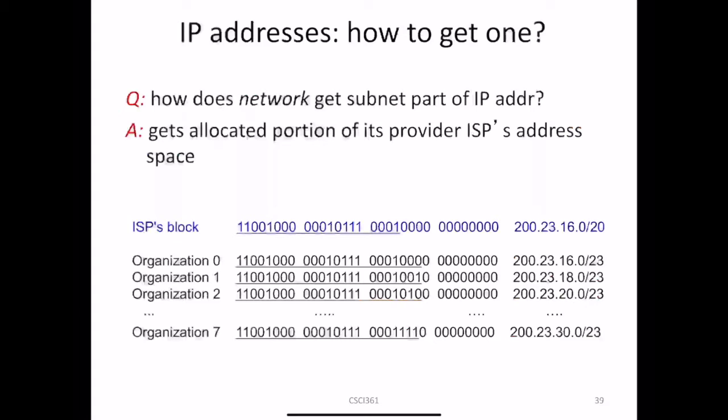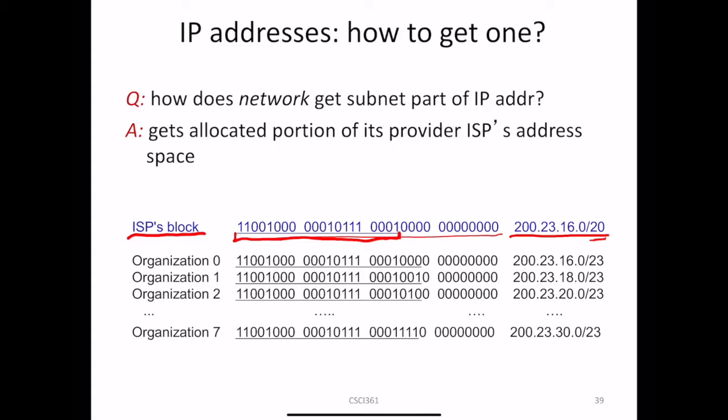For example, this internet service provider has a block of IP addresses, which is this one. From this address, we can see the subnet part is 20 bits, all the way to here.